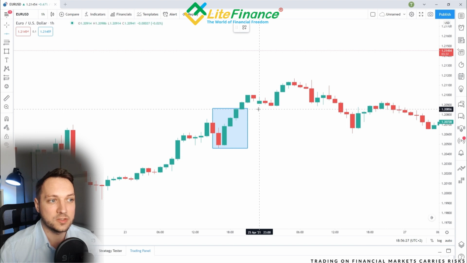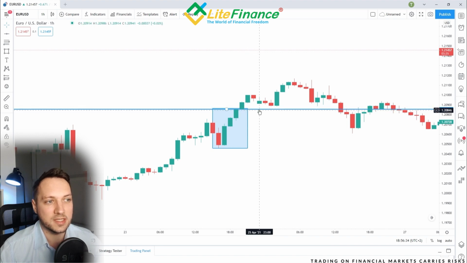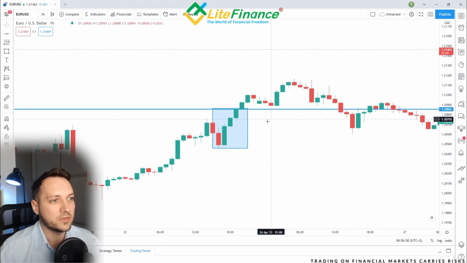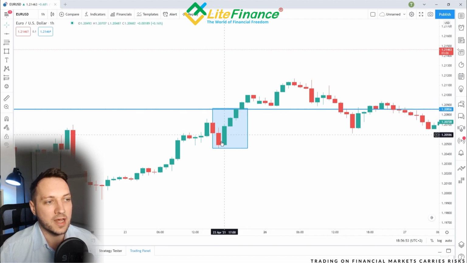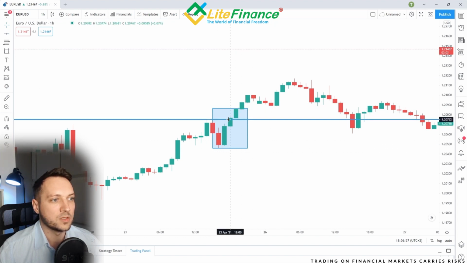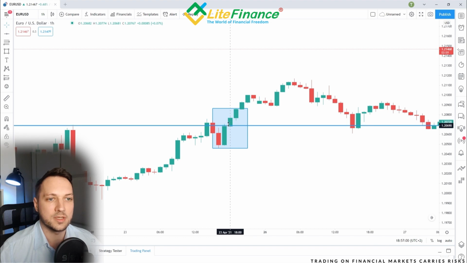There are basically 2 or maybe 3 ways of entering a trade. The first one, which I would recommend, is at the opening of the next candle, which is the 4th candle, right? So it would be right here. The second way is to wait for the retracement, a small correction, because most often it occurs, not always, but it occurs. And wait, for example, for the level of half of the entire movement, which would be somewhere over here, right?